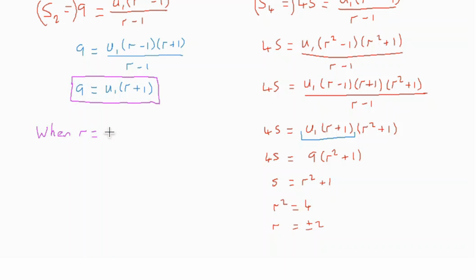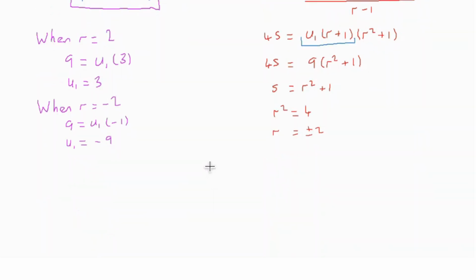When R is equal to 2, 9 is equal to U1 times (2 plus 1), which is 3. So U1 is equal to 3. When R is equal to negative 2, we have 9 is equal to U1 times (negative 2 plus 1), which is negative 1. So U1 is equal to negative 9.